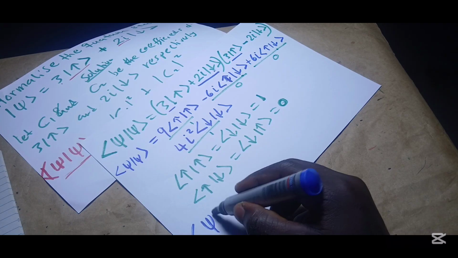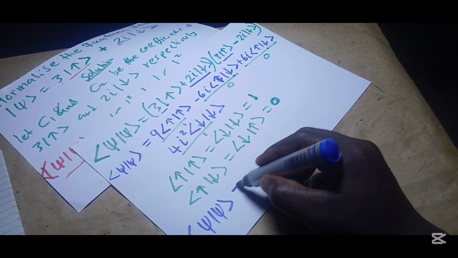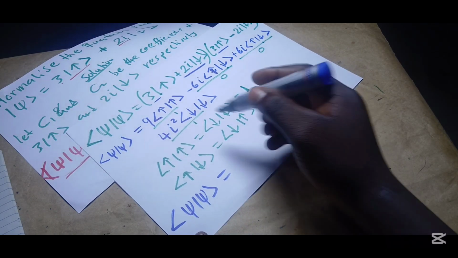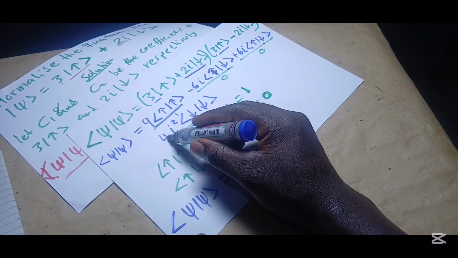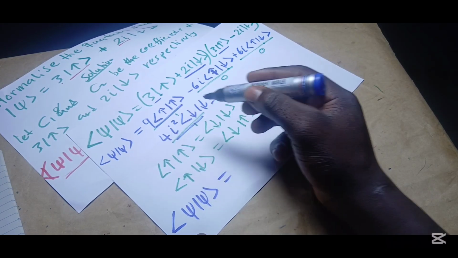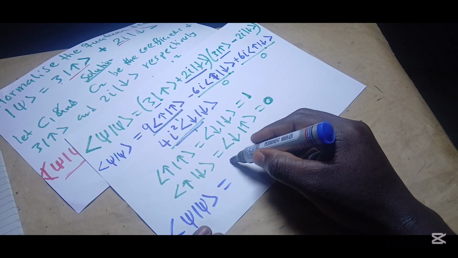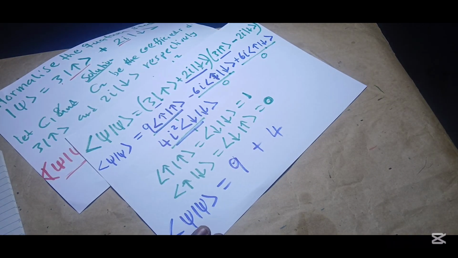Our bra side multiplied by the ket side would be equal to... Now our major concern is on this and that. So 1 multiplied by 4, right? Let's start with 9. So we have 9, and here we have 4 plus 4.